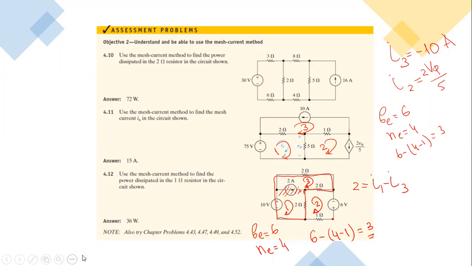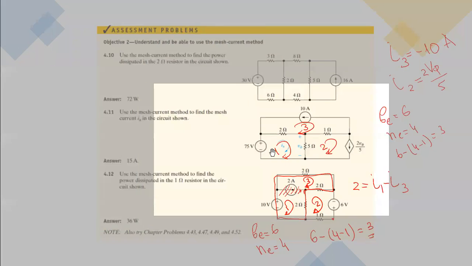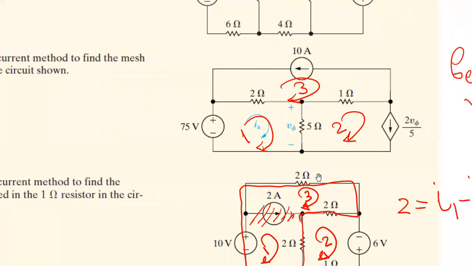Let me magnify the circuit. Who can tell me what is V5? I1 minus I2, times what? Times 5, exactly. So it will be 5 times I1 minus I2.